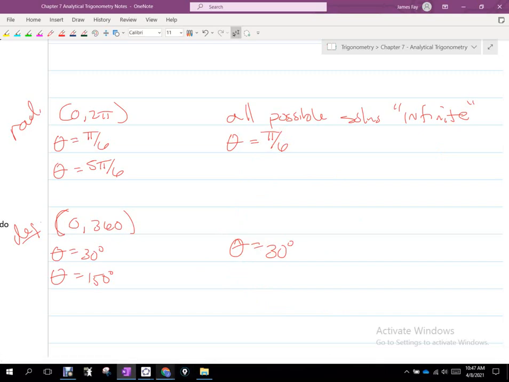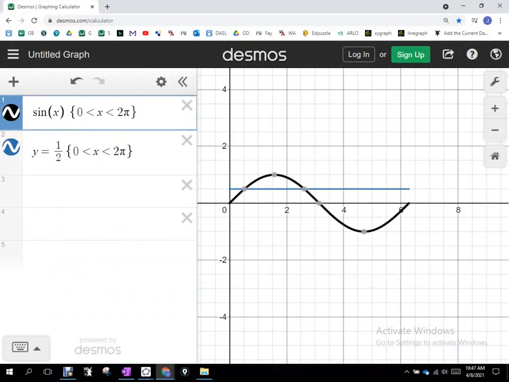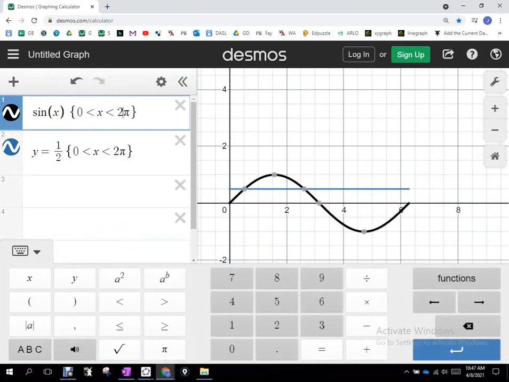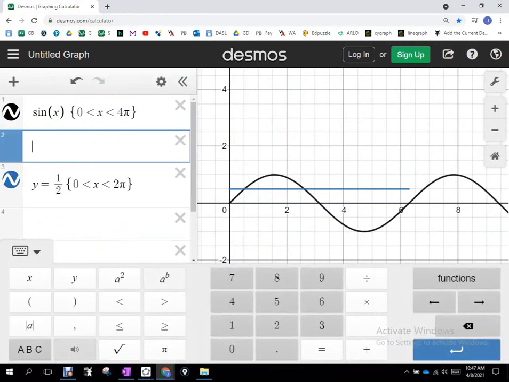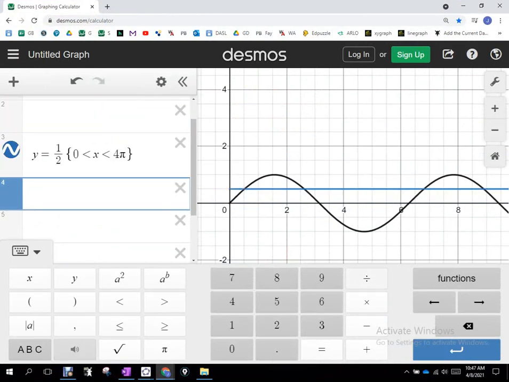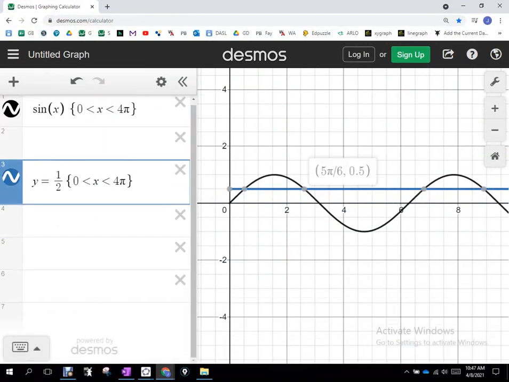Now let's look back at our graph then. Okay, let's make this thing go to 4 pi real quick. And now you get, so we had these two solutions previously. Let's look at this one. Because of the period relationship that occurs with the sine curve, that one right there corresponds to that one right there. Okay?